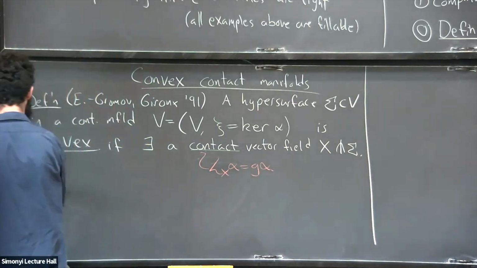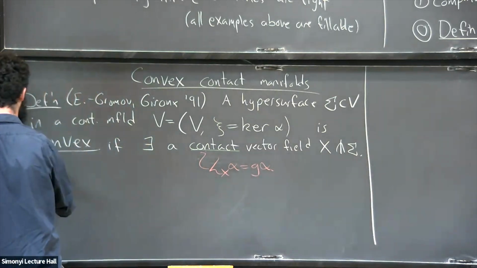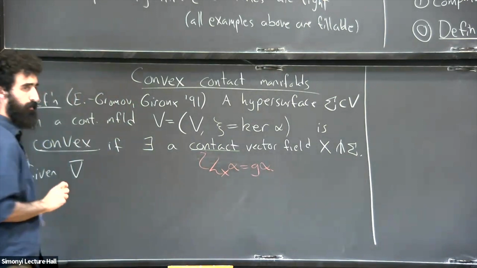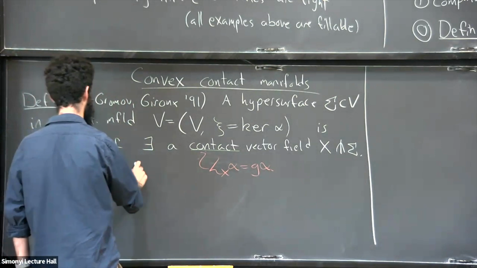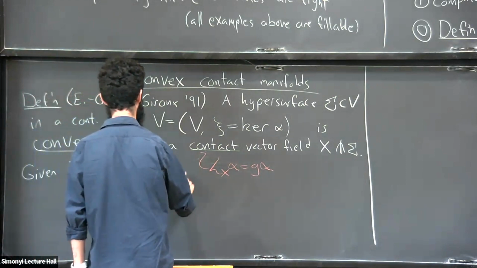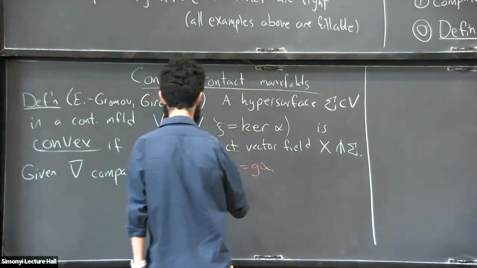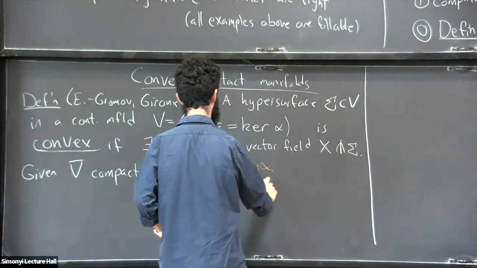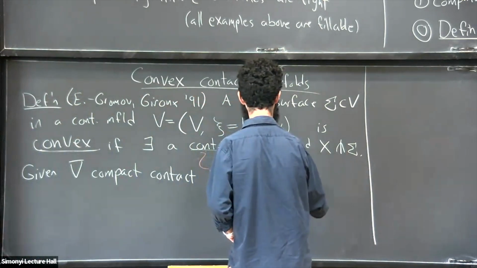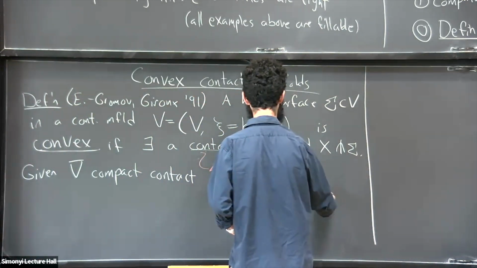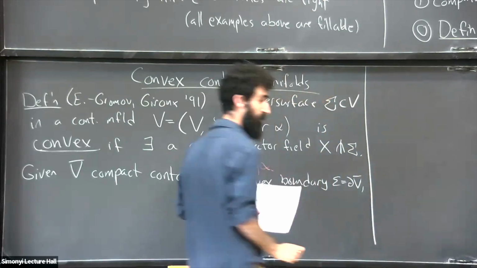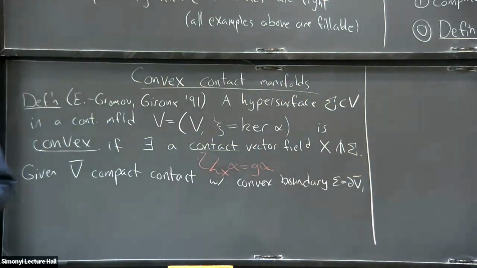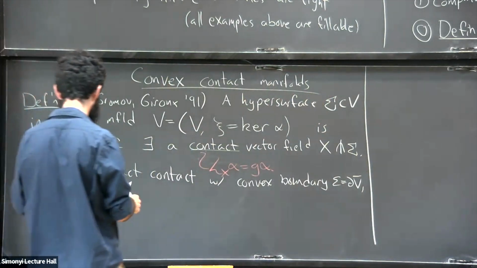Okay, next, given a compact contact manifold with a convex boundary, the boundary is a hypersurface, you can ask whether it's convex. You can attach an infinite end, just as you do with Liouville manifolds.